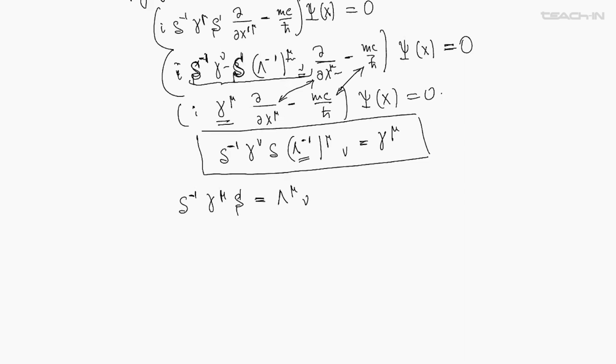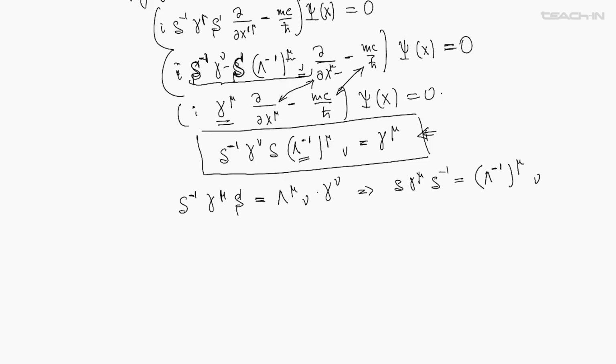Or another way to write it is to multiply this original equation by S from the left and by S^{-1} from the right. Then it will lead to another form, S γ^μ S^{-1} equal to Λ^{-1}_{μν} γ^ν.